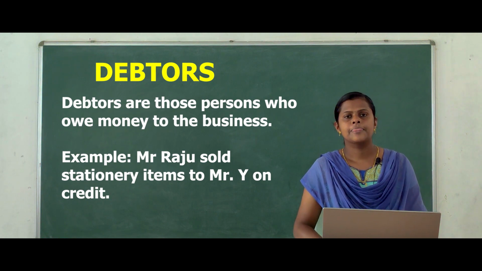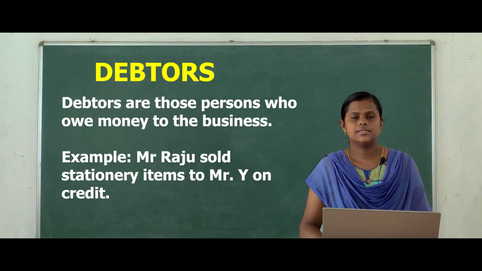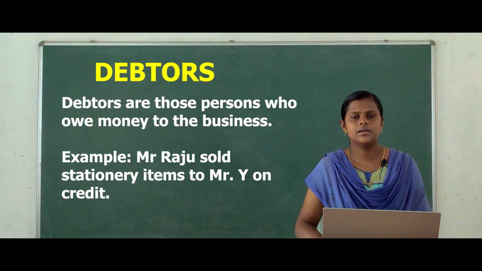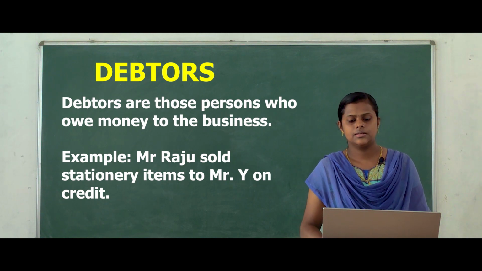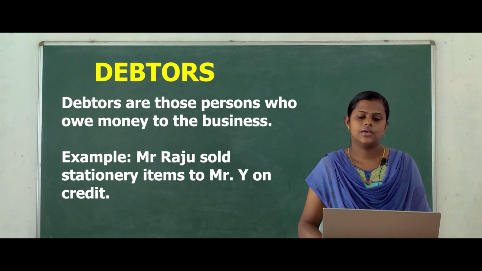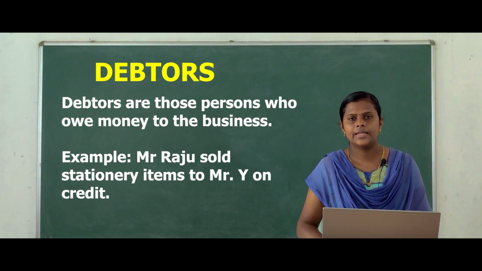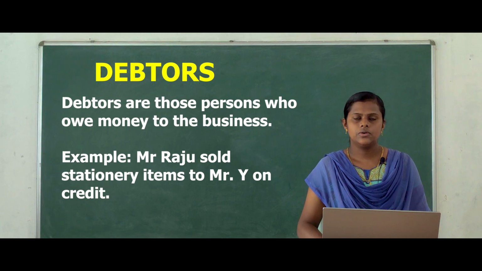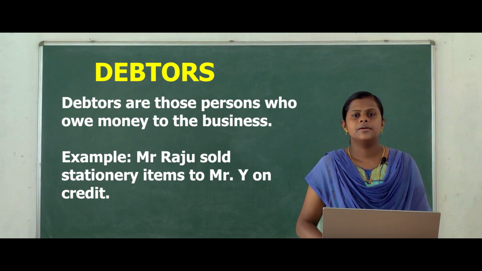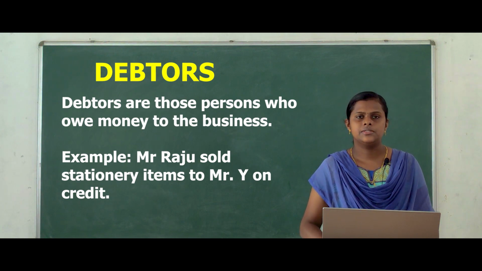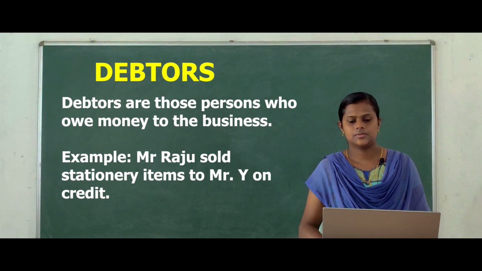For example, Mr. Raju sold stationery items to Mr. Y on credit. It is a credit transaction. In this case, Mr. Raju will get the amount of sales on a future date. There is no immediate payment of cash. So here in this example, Mr. Y is the debtor of Raju's business.